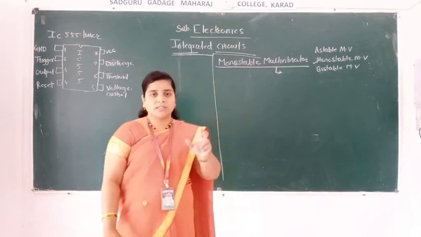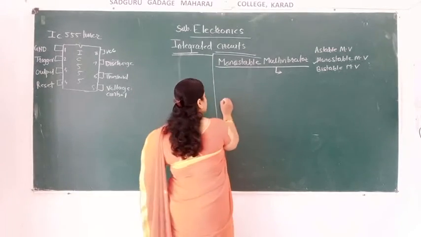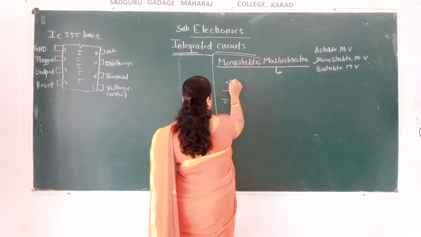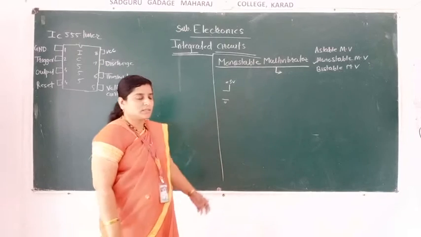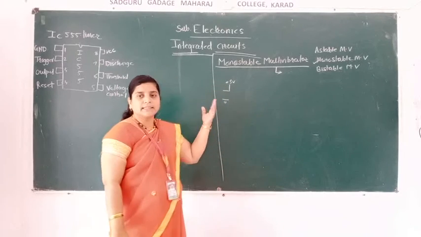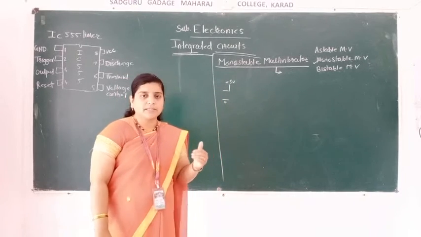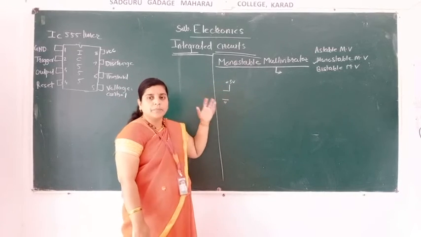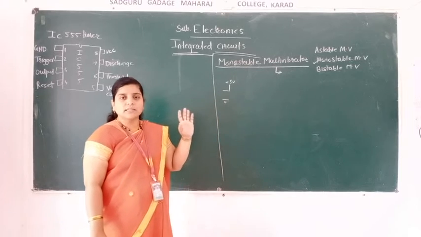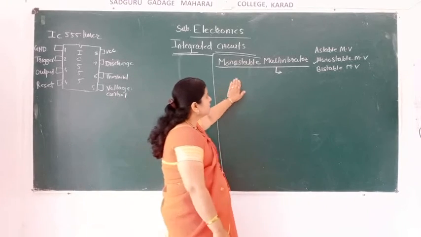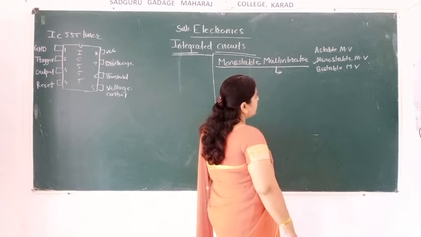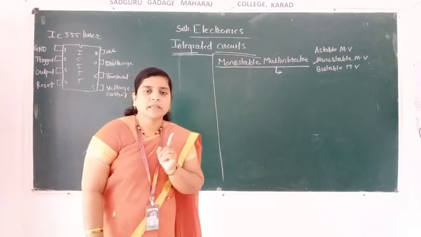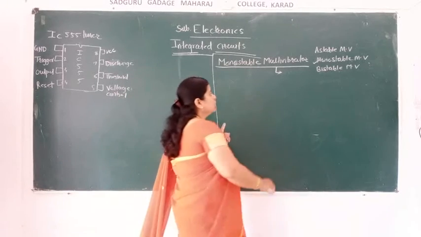Stable means the constant state. That constant state may be 0, or that constant state may be plus 5 volt. Any state may be constant. This plus 5 volt means the high state, 0 means the low state, and either state, high or low, may be constant; that is called the constant state. So in astable, monostable, bistable, if only one state is constant, then it is called monostable.